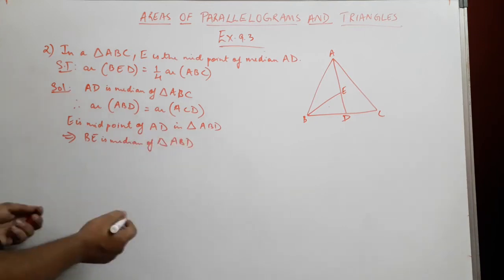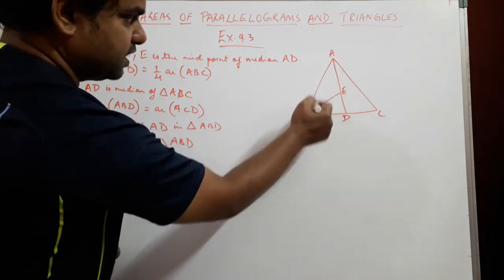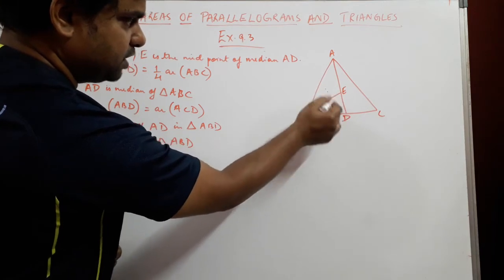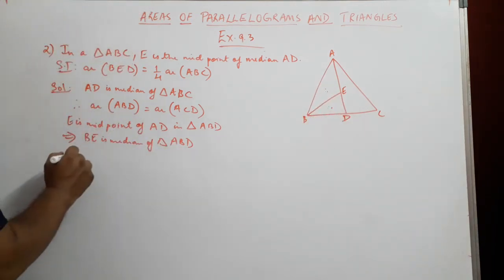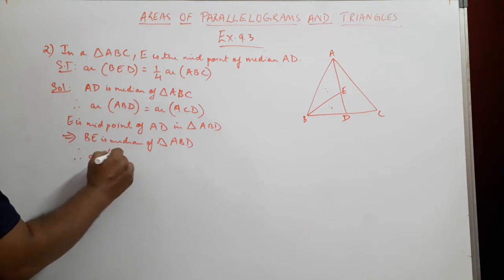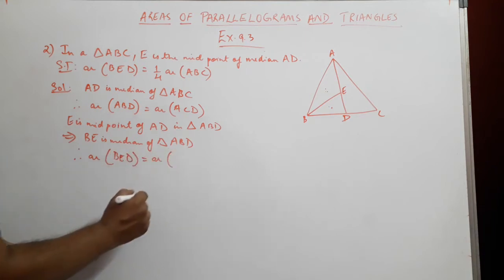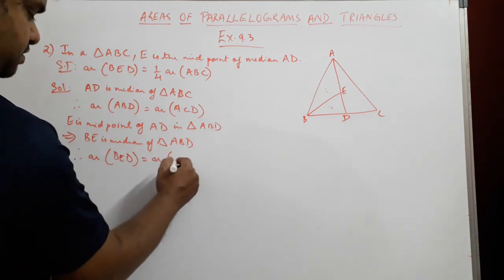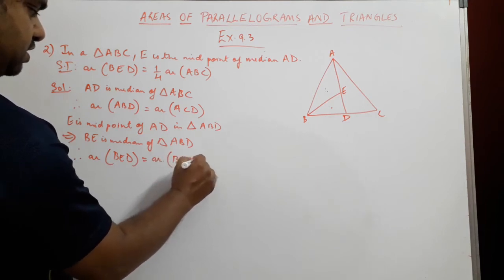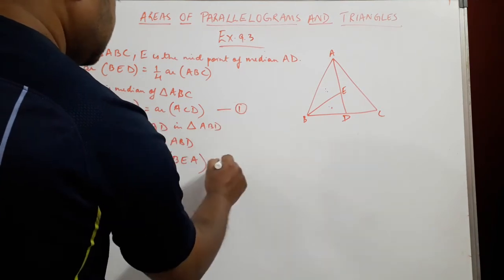If it is the median, then this median divides this entire triangle ABD into two equal areas, these two triangles. So we can say therefore area of triangle BED is equal to area of triangle BEA, right? So continuing further, we'll mark this as 1, mark this as 2.